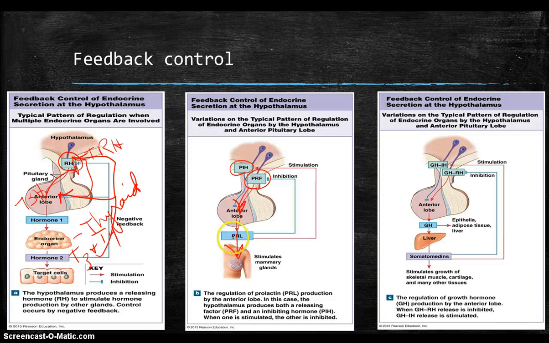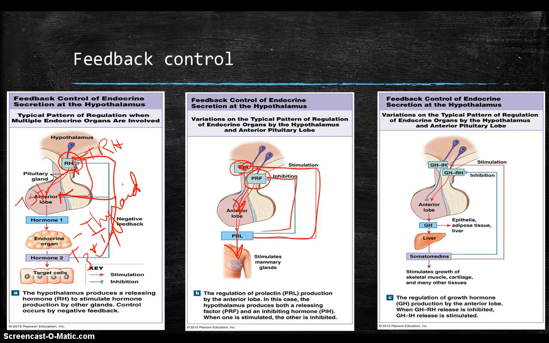When we have enough prolactin, then it's going to stimulate the release of prolactin inhibiting hormone, which goes to the pituitary and inhibits the release of prolactin. Prolactin also is going to inhibit the prolactin releasing factor. We don't need it. We have the prolactin, we have the lactation, and so it's time to shut the system down.